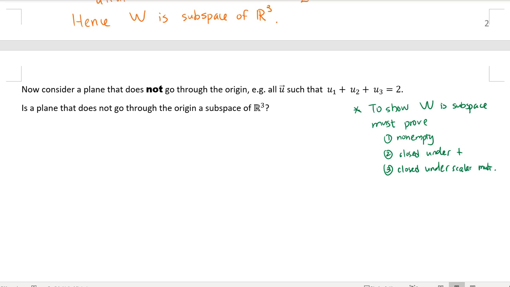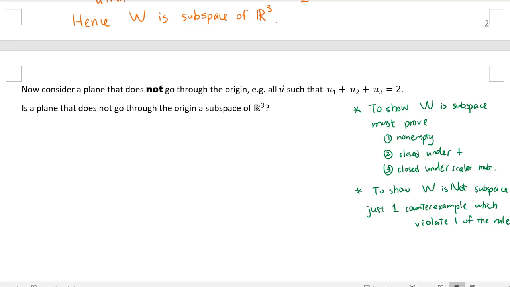And to show W is not a subspace, what we need to do is just find one counterexample which violates one of the rules above. So in order to show this is not a subspace, let's find some example.